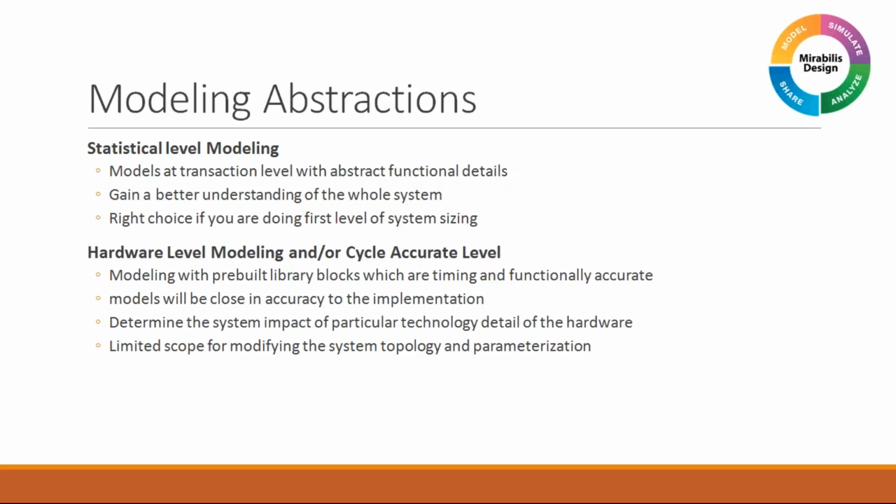But if you're looking at a complete end-to-end system, or multiple subsystems, you can keep some of the portions as statistical, and some of the portions as hardware level, in which you might be using abstract hardware library blocks. For example, it could be a DRAM or a cache and things like that.